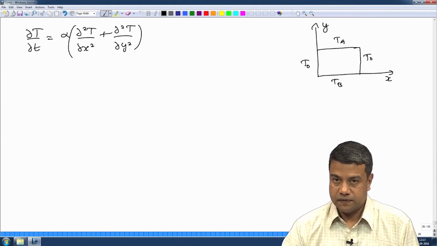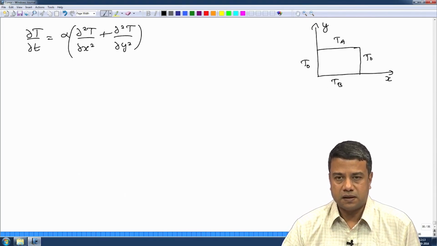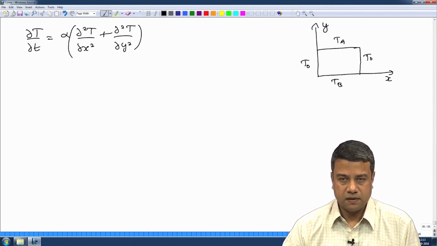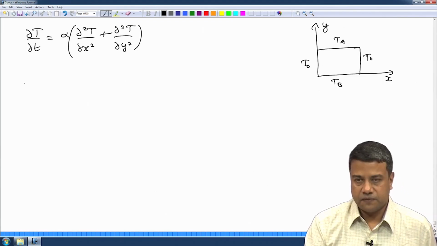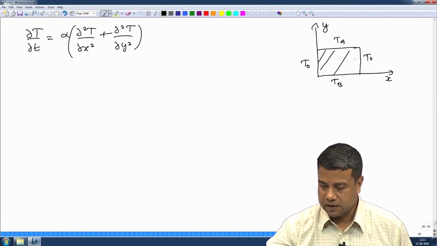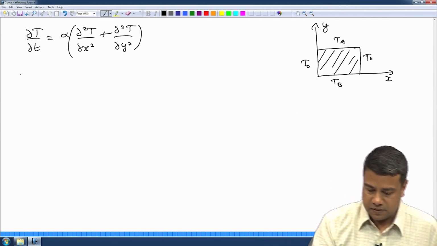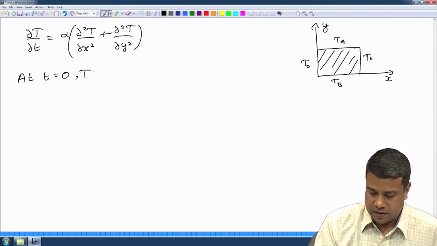Now, for separation of variables, I require that the system be homogeneous in all directions except one. In this particular case, if for example, I consider that the temperature throughout this block at time t is equal to 0, the temperature is equal to T naught.